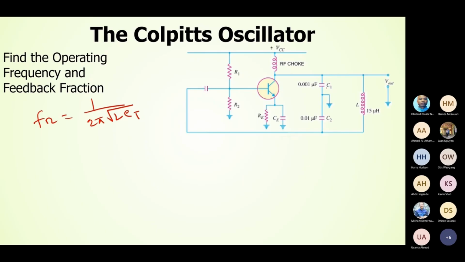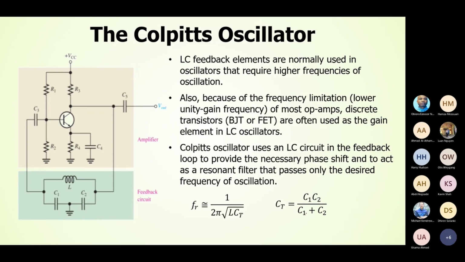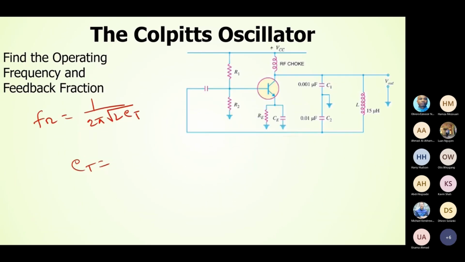Now in this circuit, the capacitors are in series. So CT, we already know the formula. What is CT? C1 C2 by C1 plus C2.